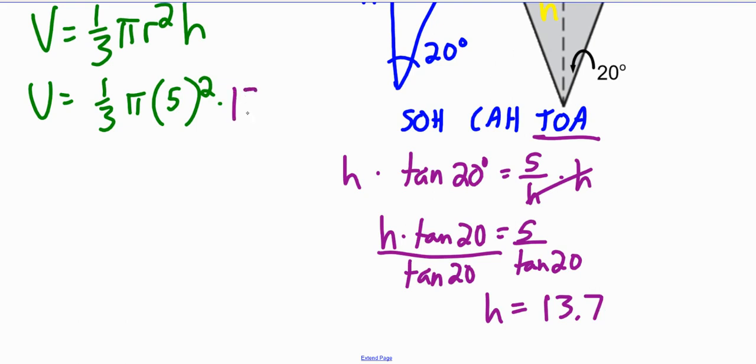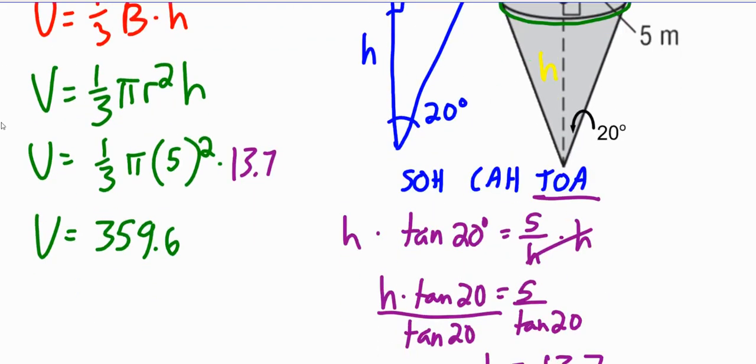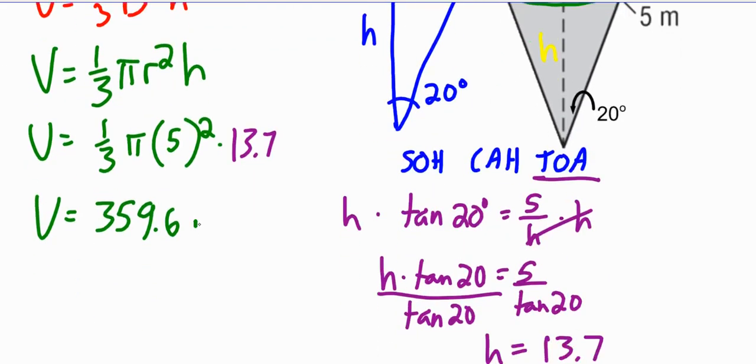So that is our height that we are plugging in over here, times 1/3 times pi times 5 squared. So our volume of that cone is going to be 359.6 meters cubed.